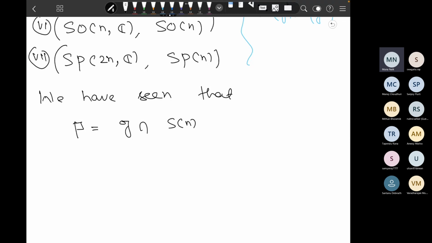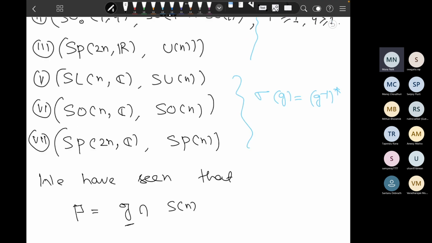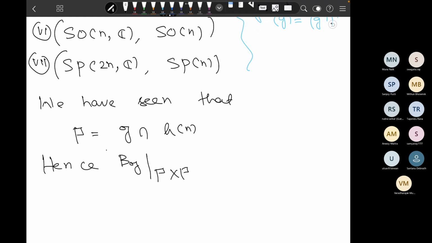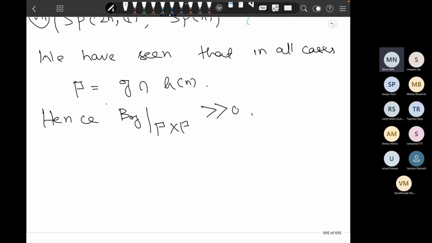But since G consists of real matrices, this is equivalent to G intersection Hn. So in all cases, we have P equal to G intersection Hn. Hence, Bg restricted to P cross P is positive definite in all cases.